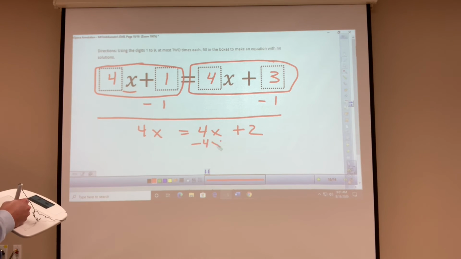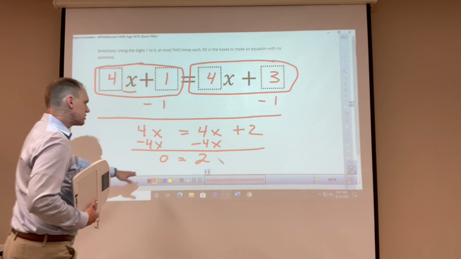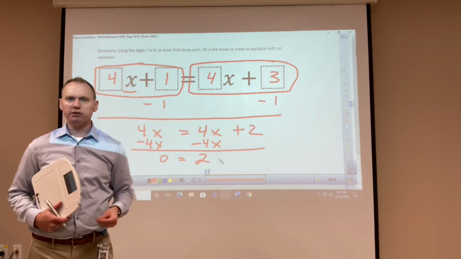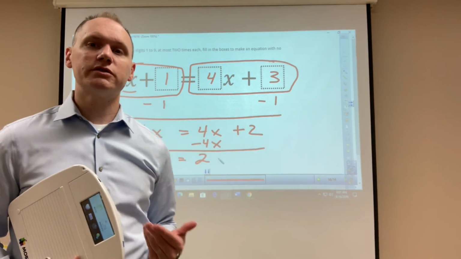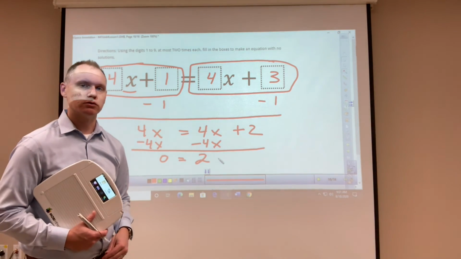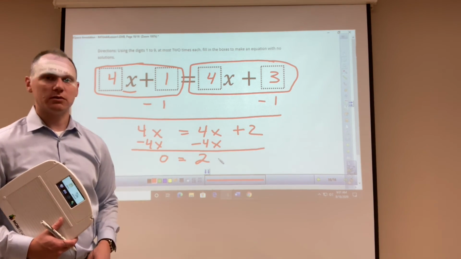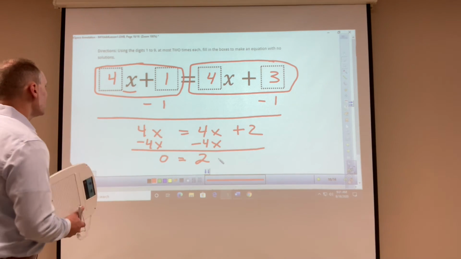And we get 4x minus 4x is 0 equals 4x minus 4x is 0 plus 2 is just 2. And we get 0 equals 2, which is a false statement. So algebraically, if we get a false statement, that's an indication that there's no solution. So something to look out for there, all right?